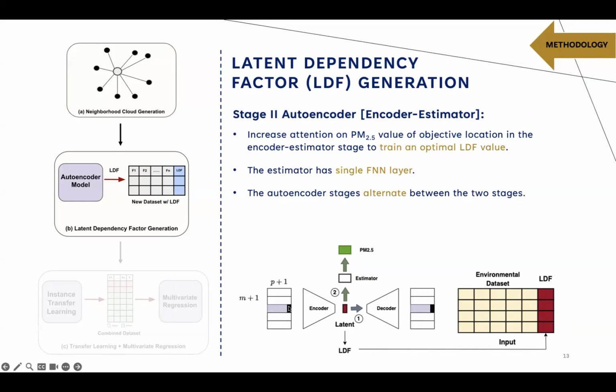So this location, since it's blank here or represented as black, is basically translated to this PM2.5 value. The estimator is trying to learn the closest PM2.5 value of the objective location here. So finally, the latent value that you get is very closely aligned to the PM2.5 value of the objective location. In this way, you do this for every location and you fill the final LDF feature with all these values.